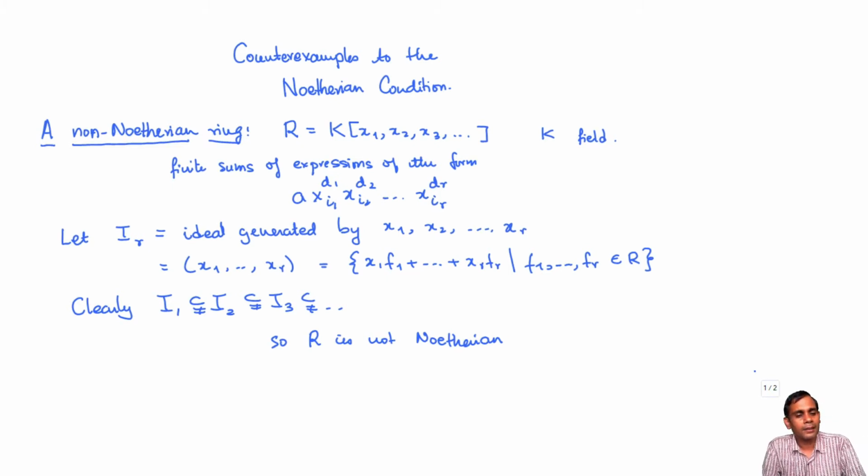We've seen that when R is a Noetherian ring, then every submodule of a finitely generated R module is again finitely generated. When R is not a Noetherian ring, you can always find a finitely generated R module which has a submodule that's not finitely generated. To see this, I'll just illustrate it using the same example of a non-Noetherian ring, R equals k[x1, x2, x3, ...], the polynomials in infinitely many variables.